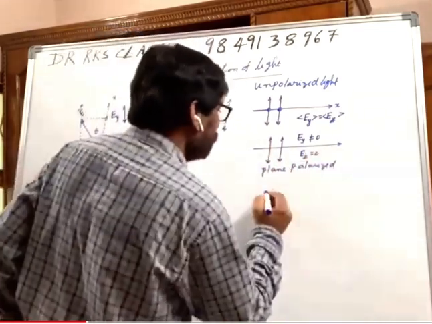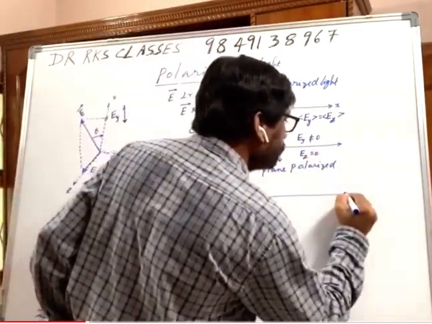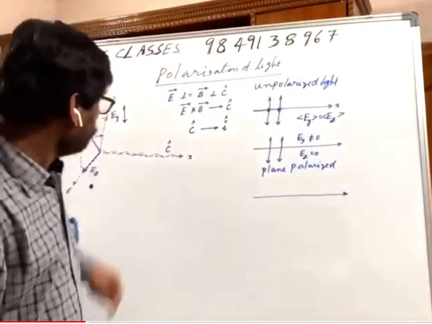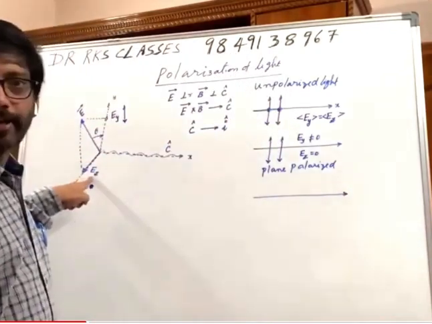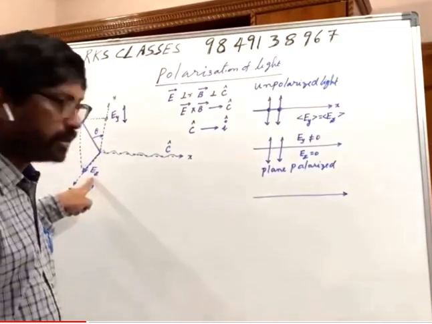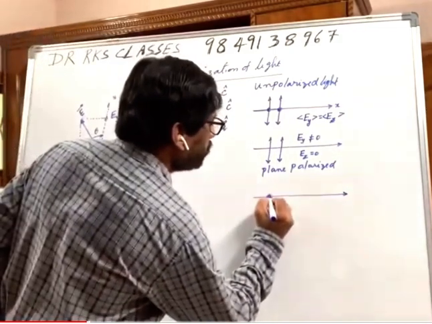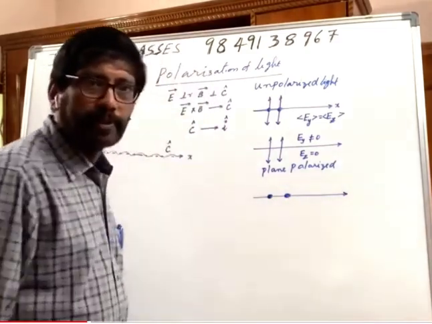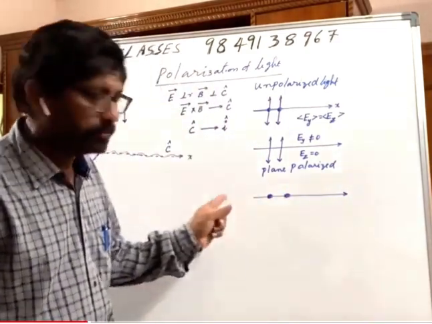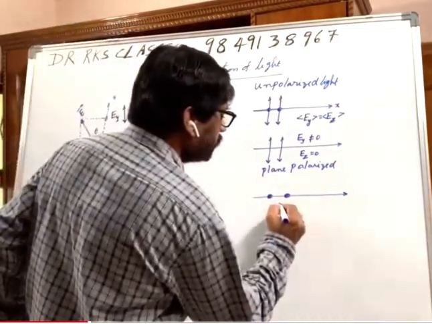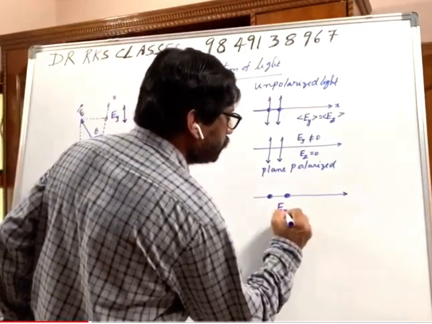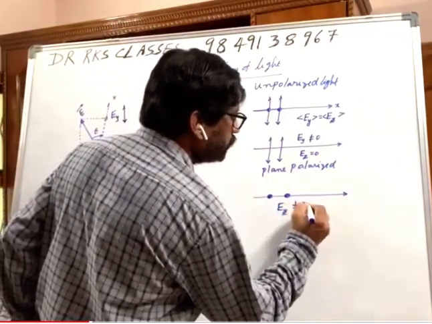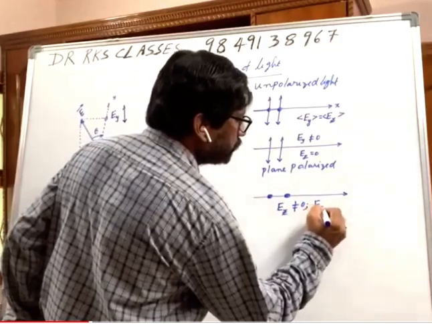So that's all. Similarly, you can think in the other way also. The electric field is always along z-axis. That means only the dot is there. There is no double arrow. So that means the average value of z component is not equal to 0, but y component is 0.